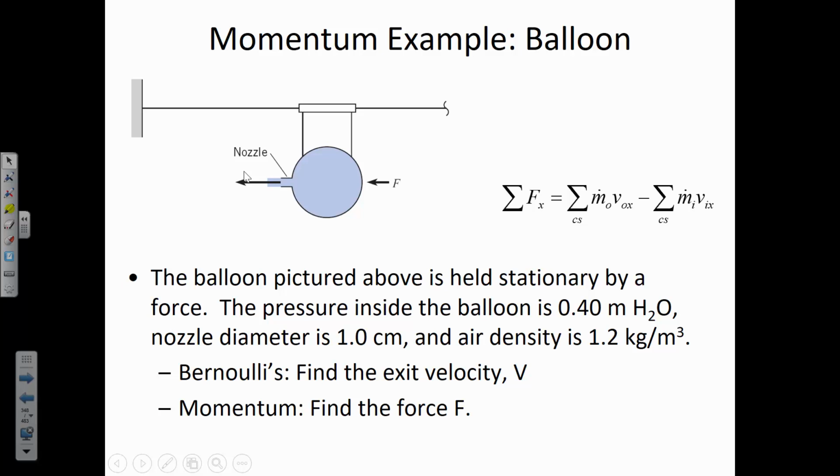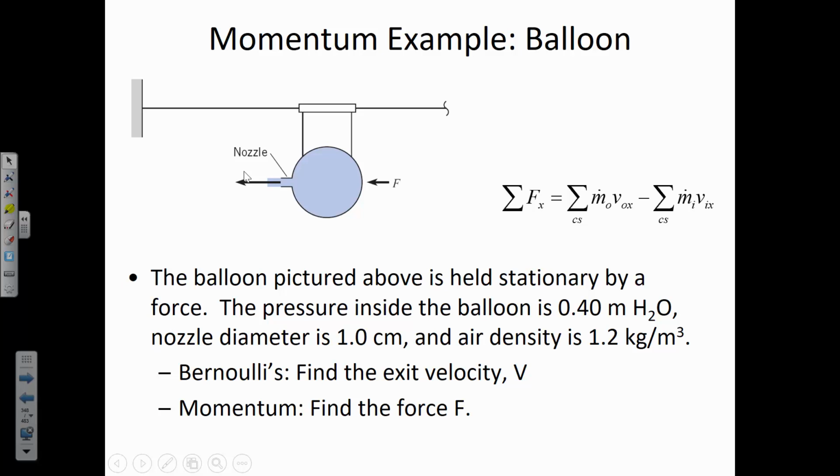Now Bernoulli's equation says that we have an exchange in energy, that pressure is exchanged for velocity. And so P1 plus gamma Z1 plus density velocity 1 squared divided by 2 is equal to P2 plus gamma Z2 plus density V2 squared divided by 2.